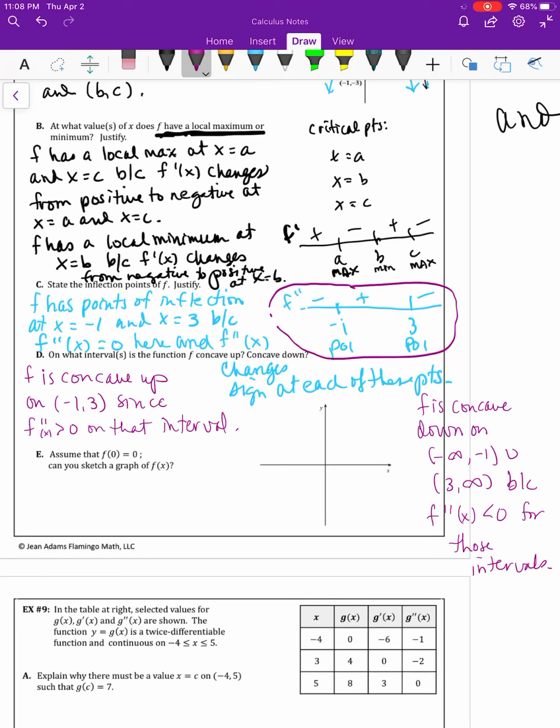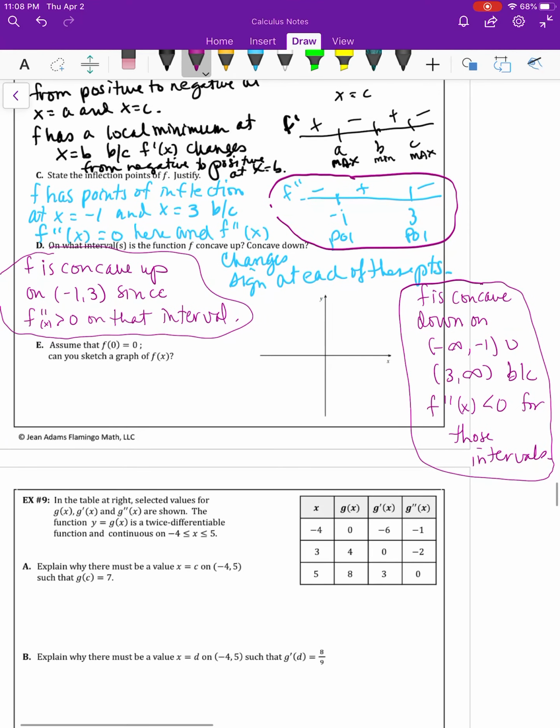Okay, so those are our two answers for that part D. You had to talk about where it is concave up and justify, and where it is concave down and justify.